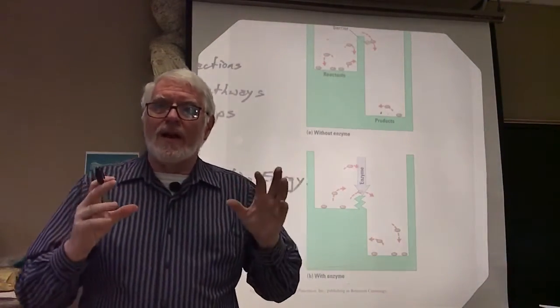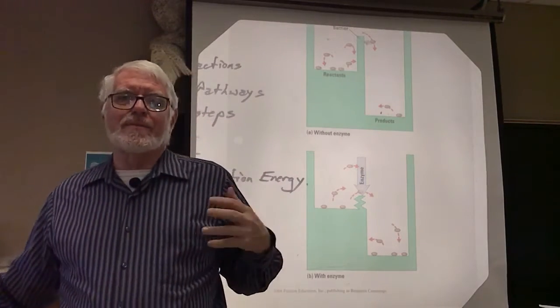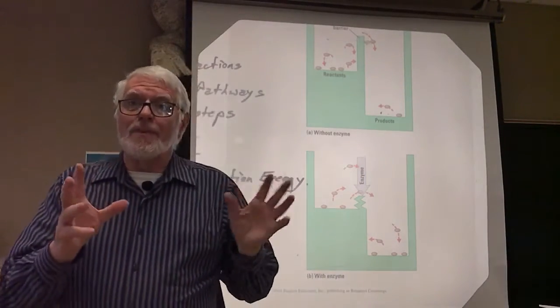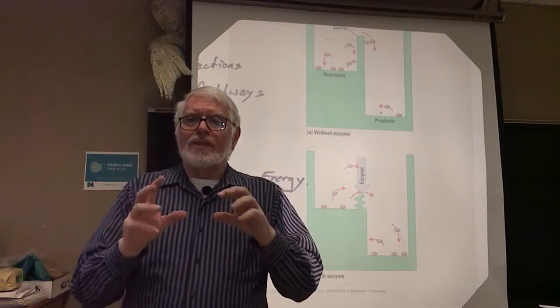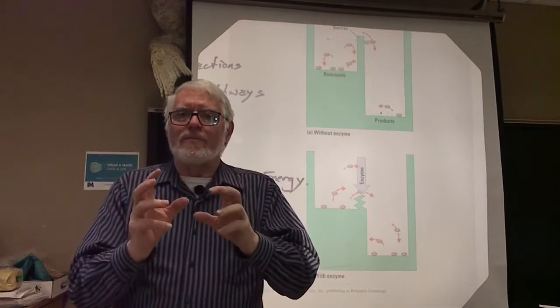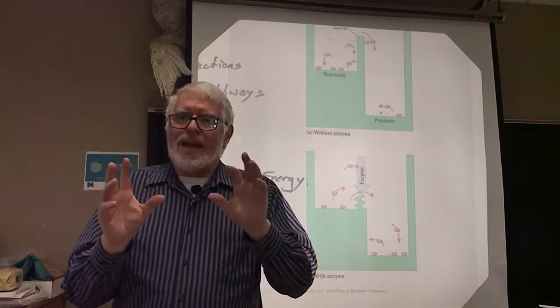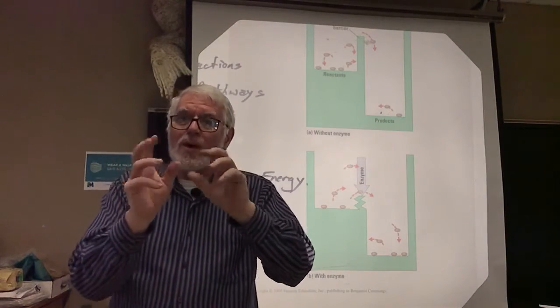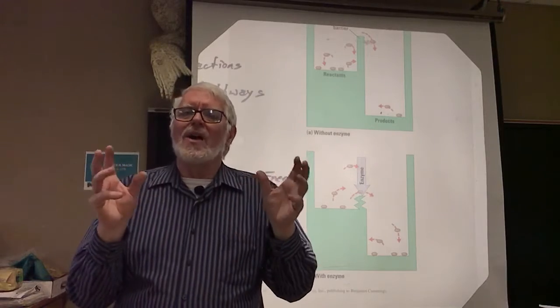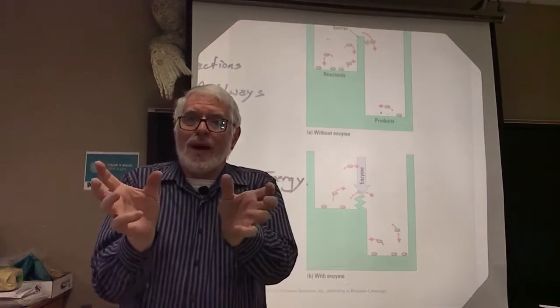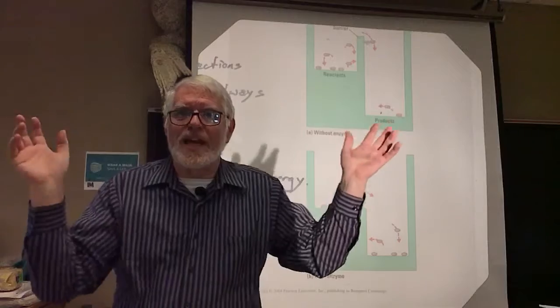Enzymes grab a hold of the reaction molecules. If there's a couple of them, it grabs a couple of them. If it's one and you've got to break it up, it grabs one. And once it grabs them, in order for them to react, they need to hit each other just a certain way or stress at a particular bond. Well, if they're putting them together, it grabs them a particular way and doink, puts them together.